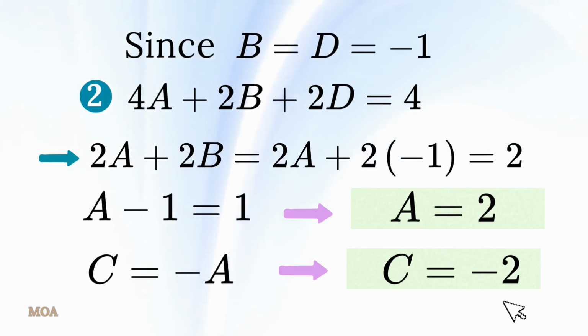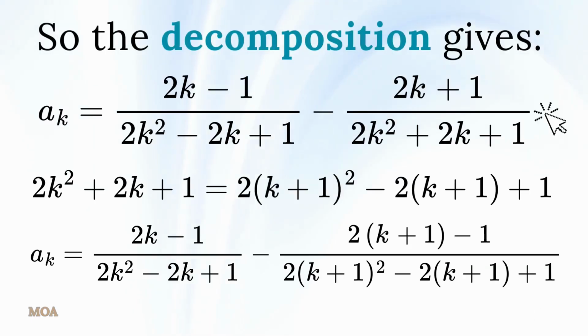To determine a and c, replacing the values of b and d in the second relation gives a equals 2 and c equals negative 2. So the decomposition gives a sub k equals (2k minus 1) over (2k squared minus 2k plus 1) minus (2k plus 1) over (2k squared plus 2k plus 1).